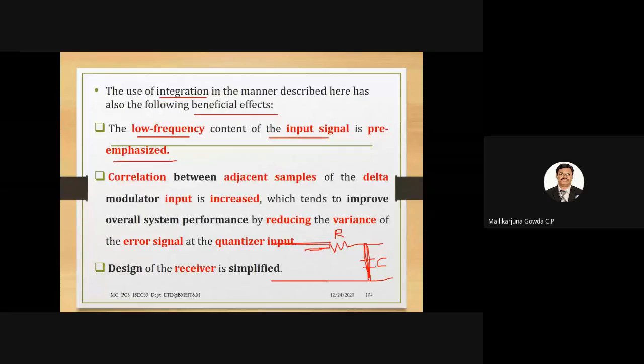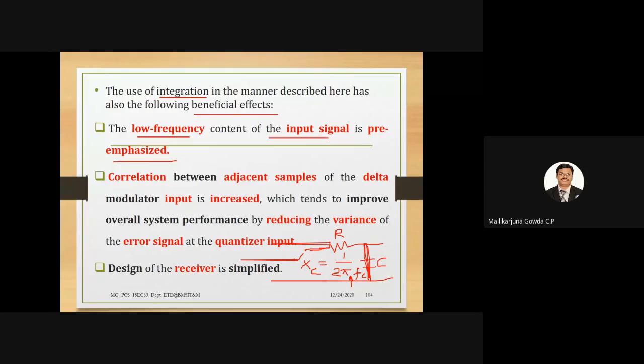Hope it is clear. Xc is the reactance, equal to 1 by 2 pi f into C. When f equals 0, 1 by 0 is infinity, so the reactance is very large and the capacitor acts as an open circuit, so output is equal to input.